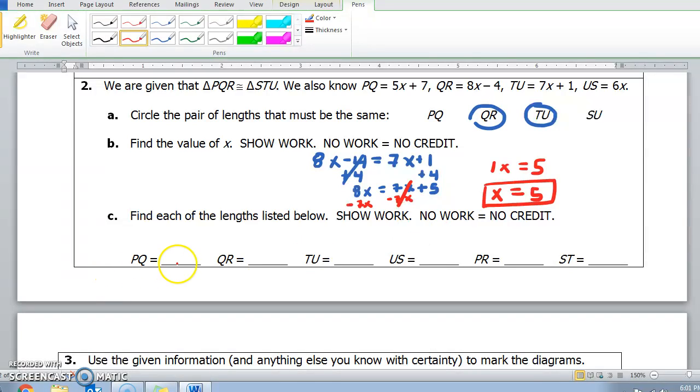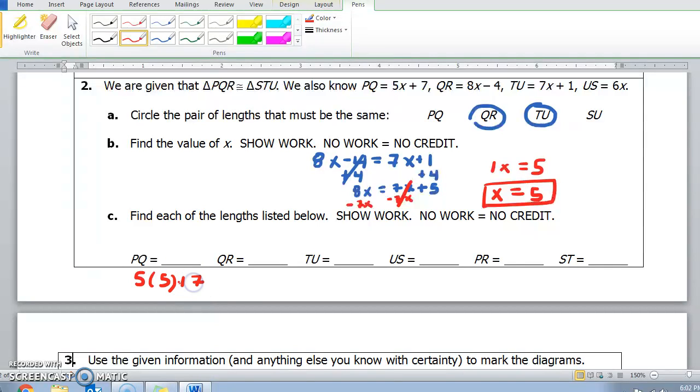Now, in order to find all of these lengths, I just plug in x for 5. I know that PQ was congruent to ST, so these two sides should be the same. When I plug in x equals 5 for PQ, it's going to be 5 times x, so 5, plus 7.